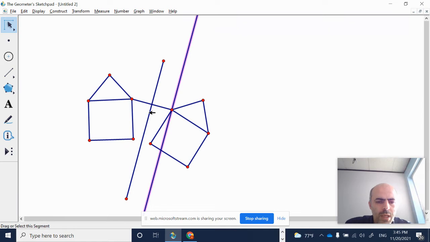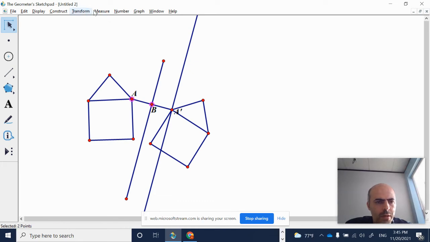So we can check. For example, I want to keep one more point at the center. Let's label them: this is A, this is B, and this is C. C is a reflection of A actually.